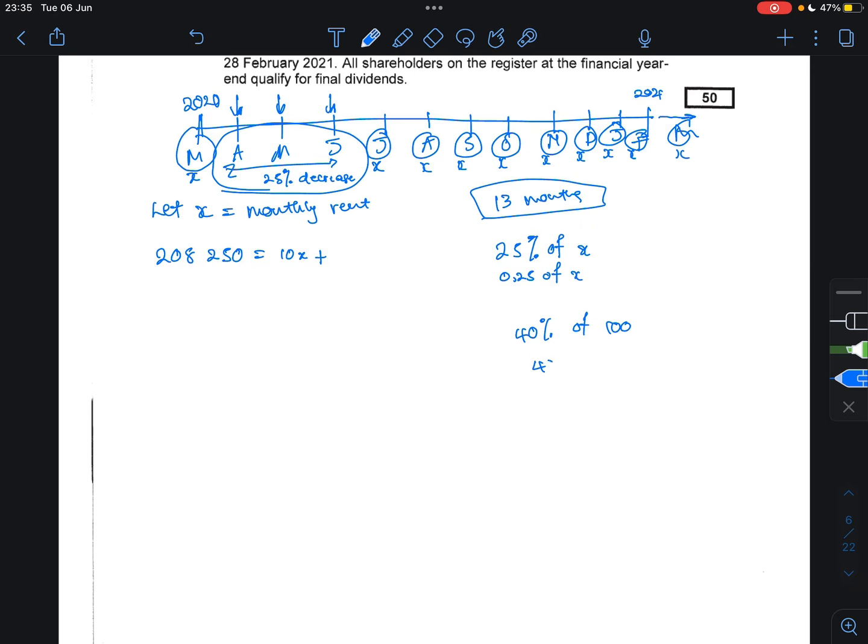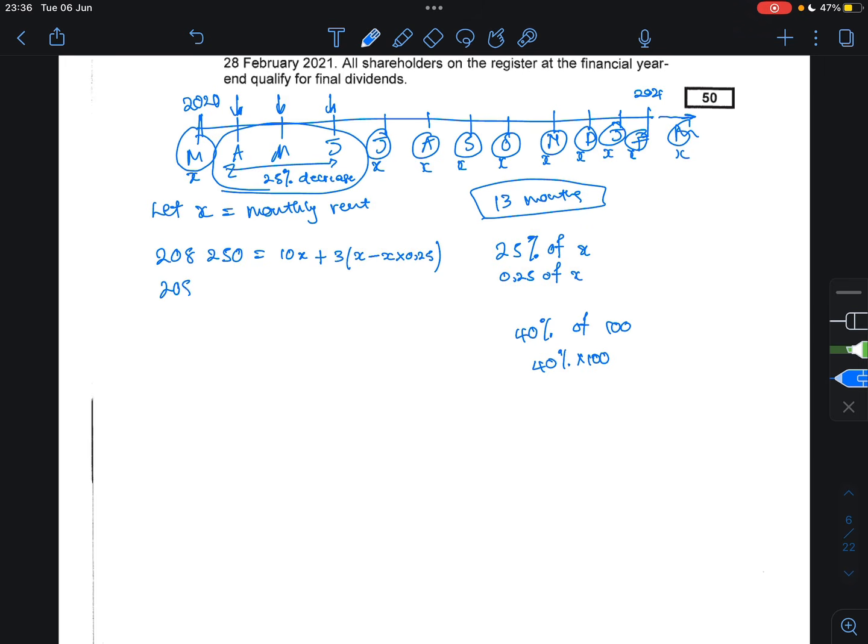Okay, you'd simply say 40% times 100. Right, now same applies to our X. Okay, we'll say plus how many months did we receive the rent with the decrease? 3 months, multiplied by X, right, minus X times 0.25. So this is the monthly rent minus the 25% of X. Okay, I hope that makes sense.